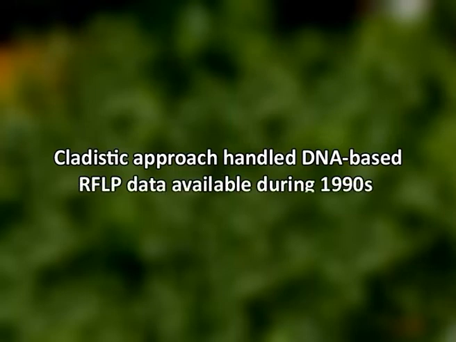A cladistic approach was also able to handle DNA-based RFLP data, which became available during the 1990s, more efficiently. However, over the years, taximetrics has grown into a distinct subdiscipline of plant and animal classification, and various methods for numerical analysis of character relationships using computer algorithms have been developed.